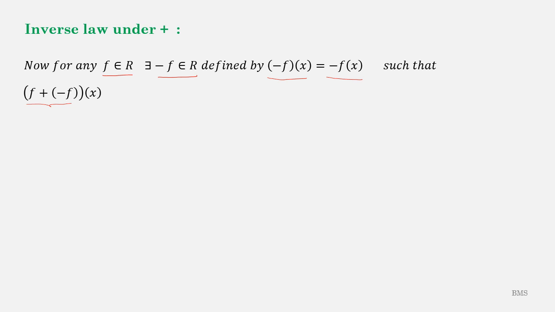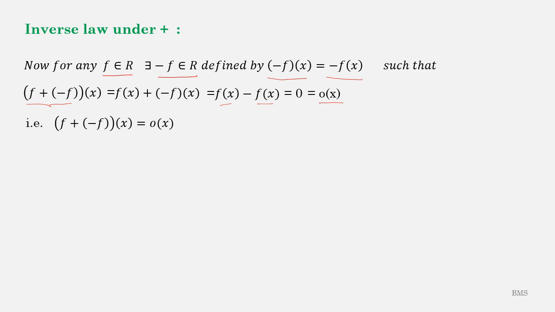So this at x you can define, that is equal to f(x) + (-f)(x). And by the definition of (-f)(x), it is like this. f(x) is as it is. This (-f)(x) is written as -(f(x)). And note down here, the f(x) terms are same and they are integers. Because of this minus, that should be 0. This 0 can be written as O(x) by the previous definition.